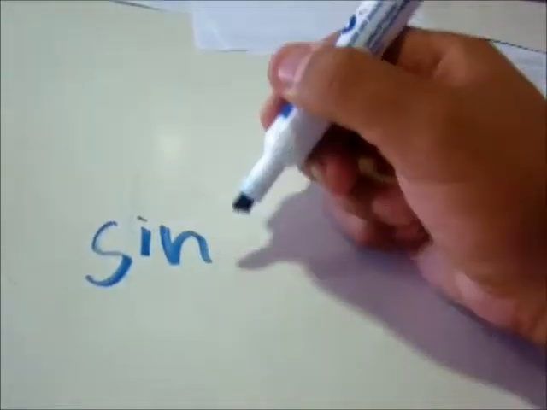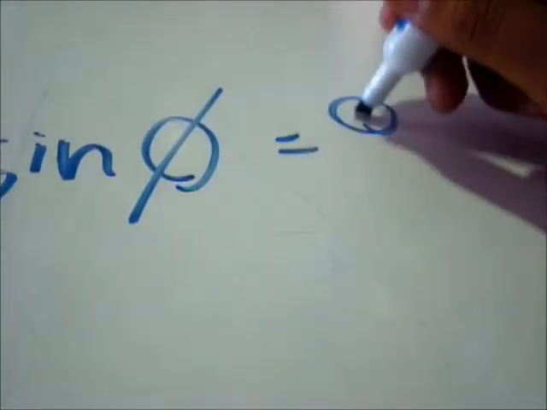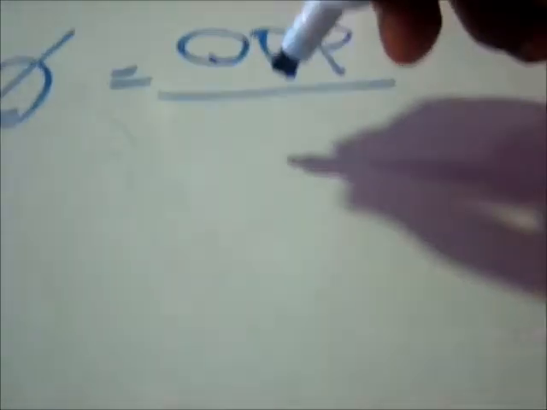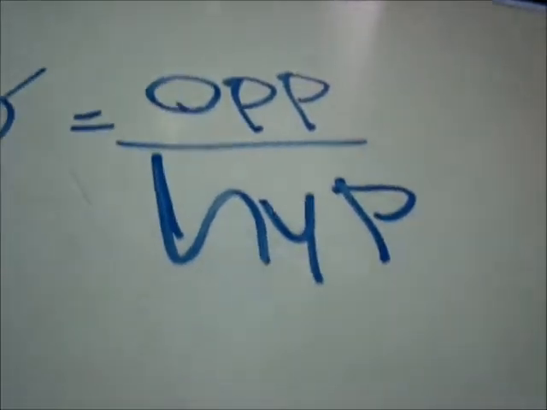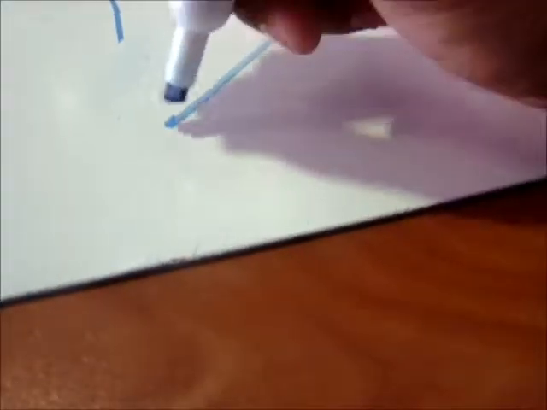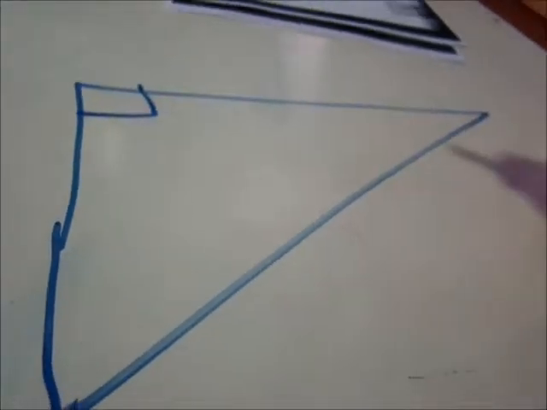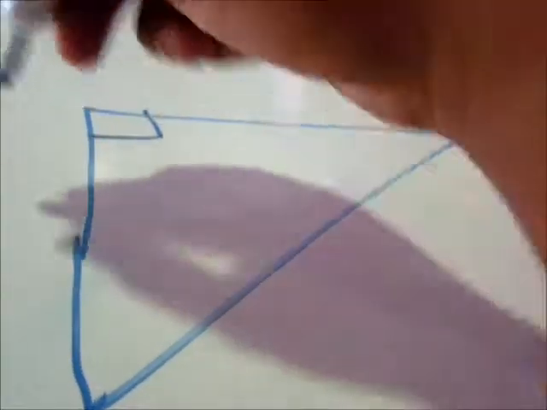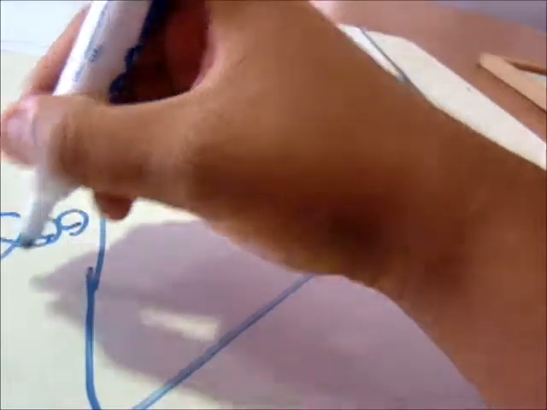So a really basic example, if we were going to find sine, we would have to divide opposite, so OPP, over hypotenuse, right? And let's say we're in a flat plane. This is a right triangle. And the outside, which is, again, the opposite, is 200 yards.